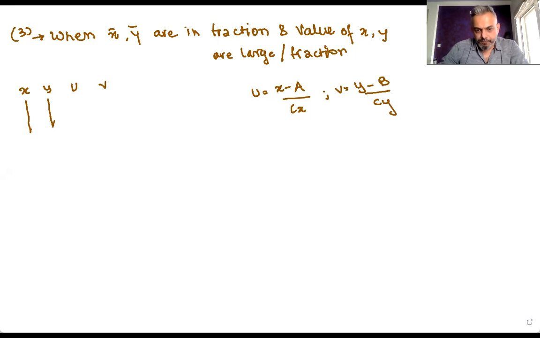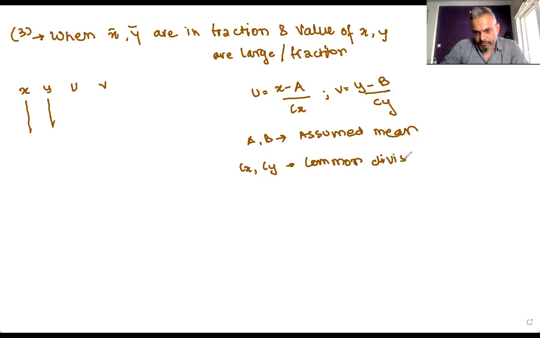Now, so x and y you convert into u and v, where a comma b are assumed means. Please write this once again. And c of x comma c of y are common divisible numbers.